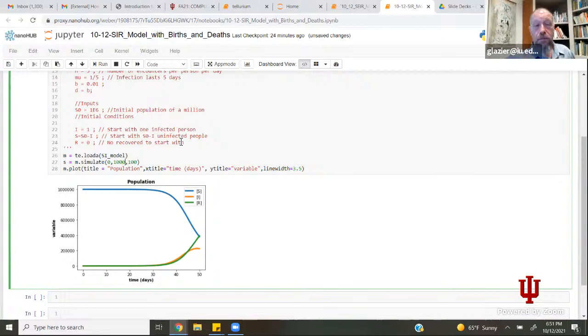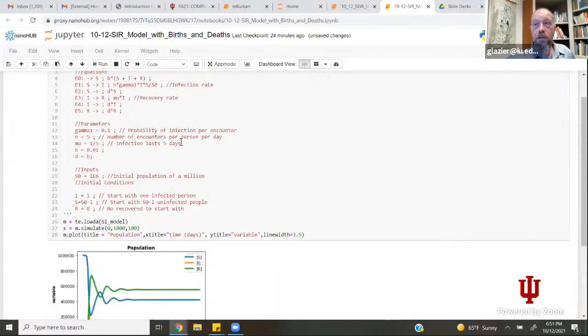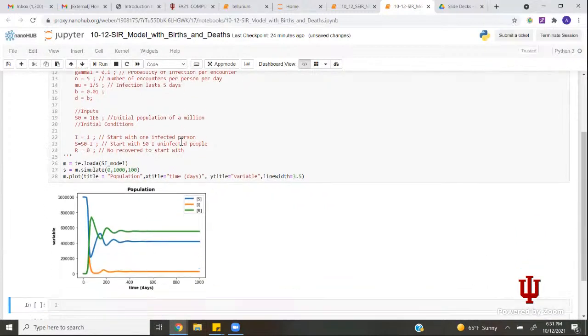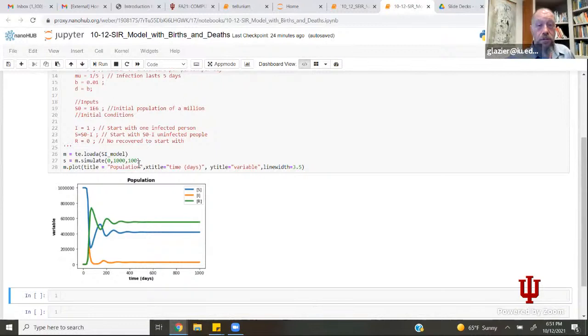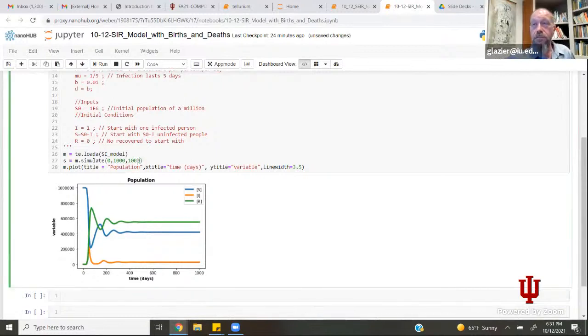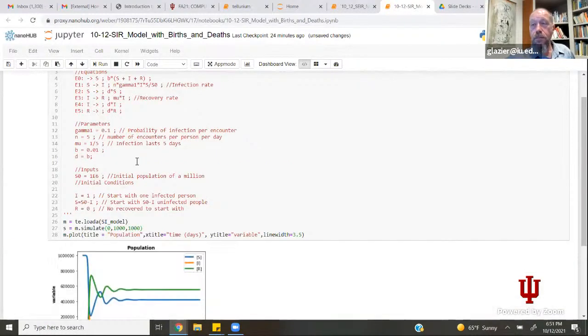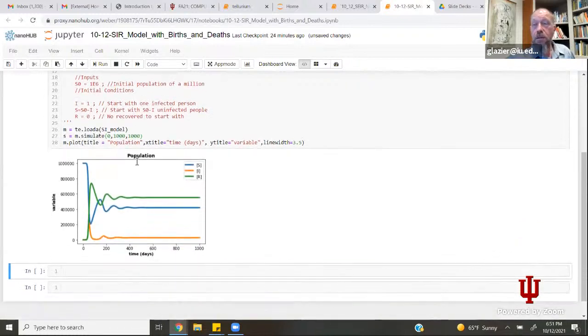That would be fine. You're going to have to change the number of points probably to make it longer. Oh. So 100 points, you probably want 1,000 points. Okay, good. So you're seeing something that you already saw in your vaccination model.